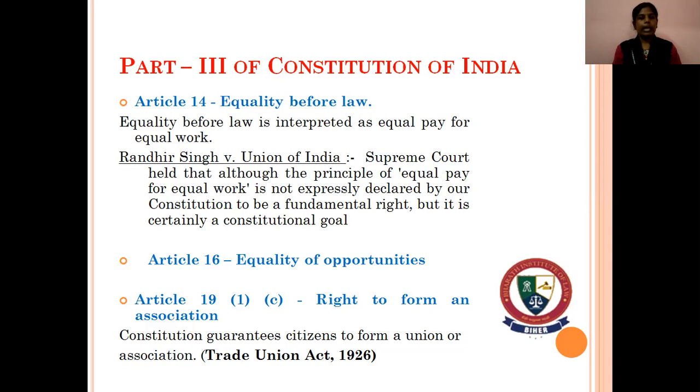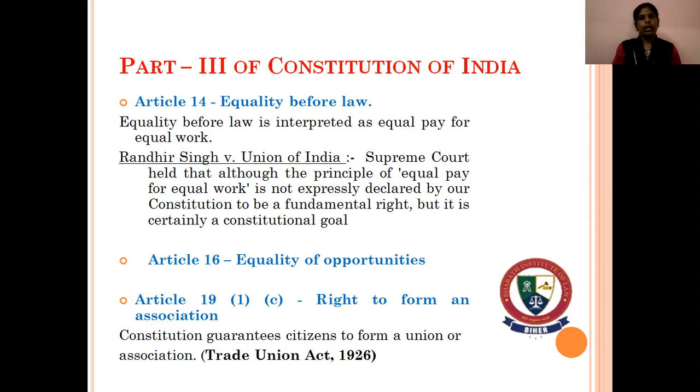And next is Article 19(1)(c), which says the right to form an association. This has been implemented in the Trade Union Act, which says that any person can make a union in a factory. So it is called trade unions. This trade union is very helpful for the laborers for the purpose of collective bargaining.